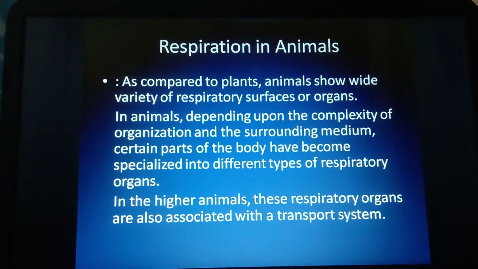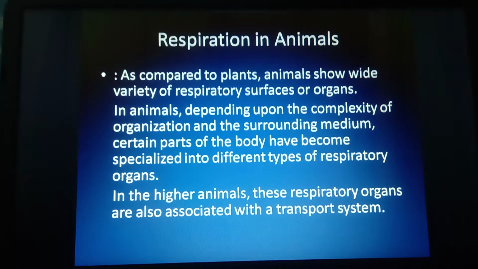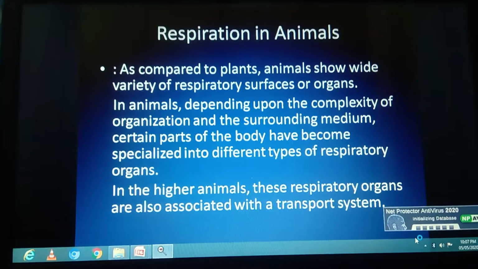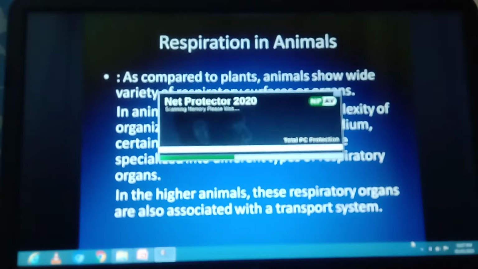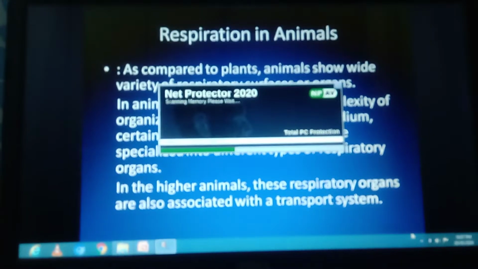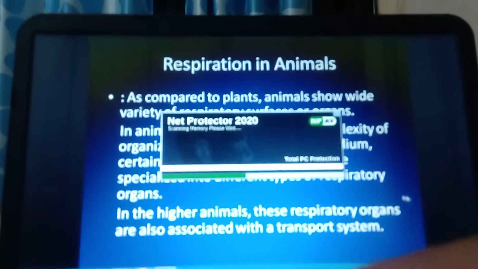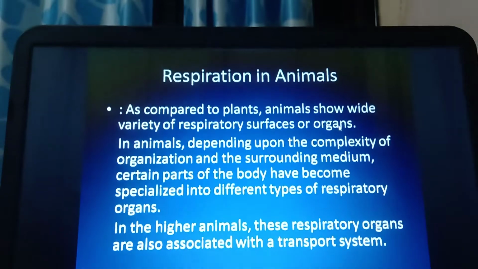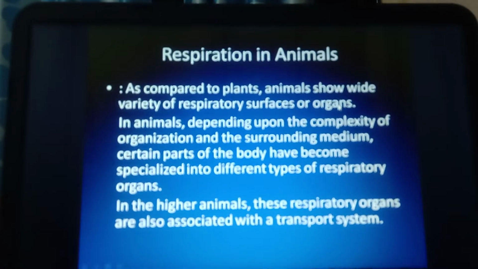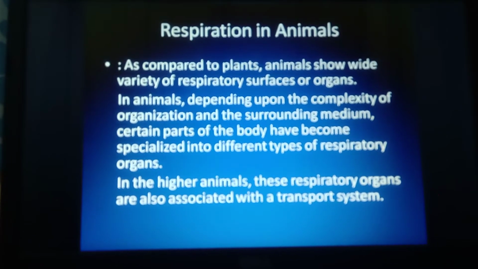Next, if we go towards certain higher animals, from the Amphibia like the frog. In the case of Amphibia, they reside on the land and in the water. So automatically you can observe they show an exchange of gases with the help of a respiratory system in the form of moist skin, buccopharynx, and the lungs.